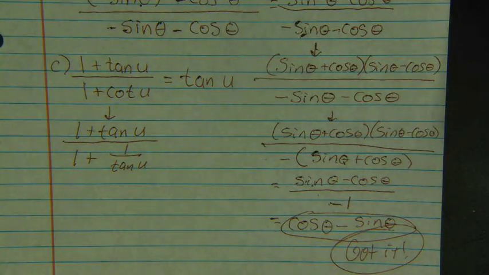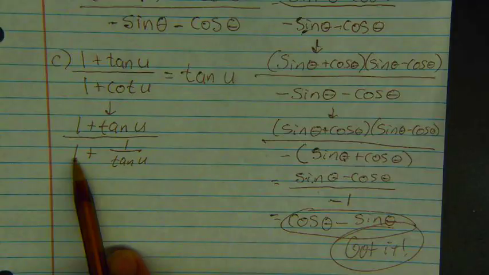Yeah. Okay, so one of the hints it said is rewrite sums or differences of quotients as a single quotient. That might be the whole thing is sum or difference of fractions, or just looking at the bottom right here. I would rather just have one fraction on the bottom of this fraction, not two things added together. So that's what you want to do. Does everybody understand that 1 is tan u over tan u?